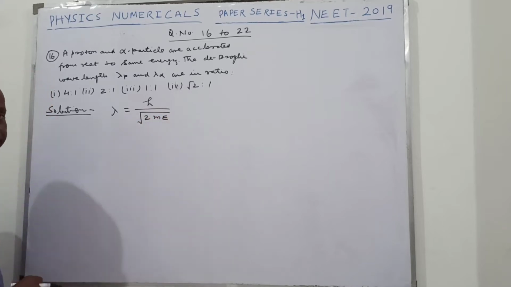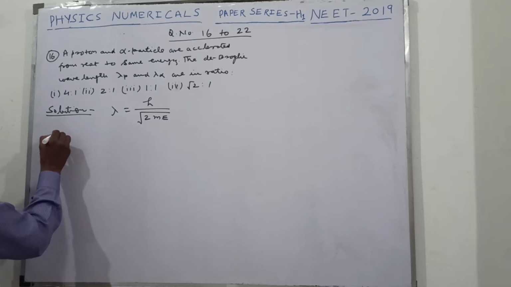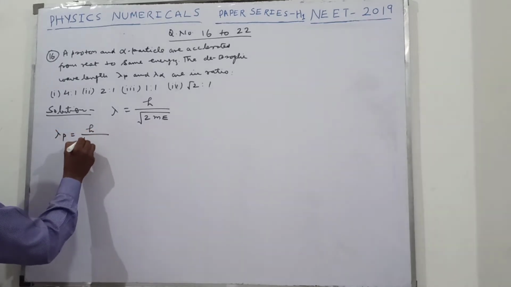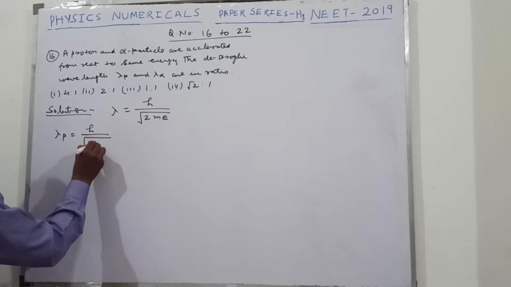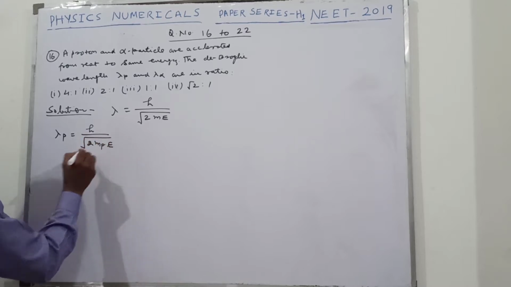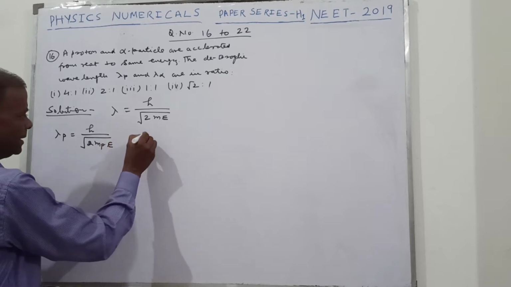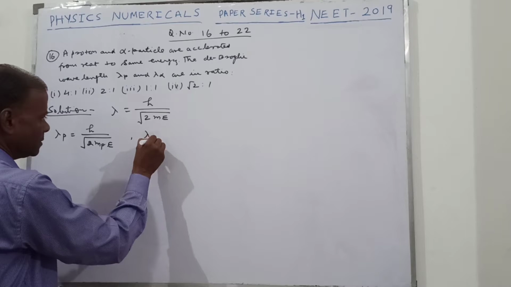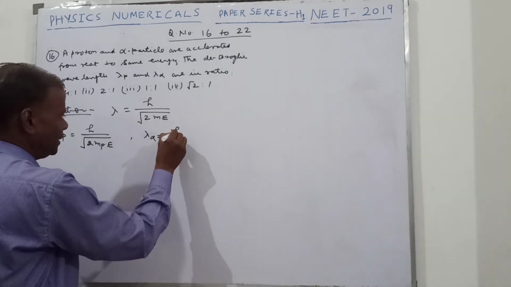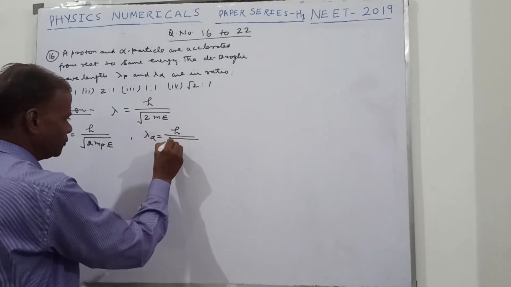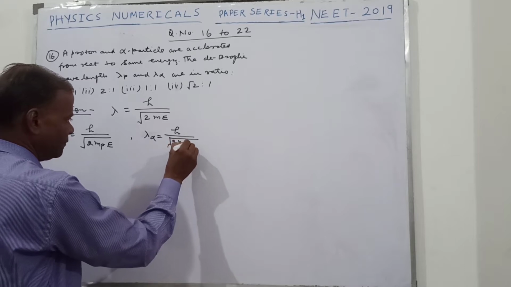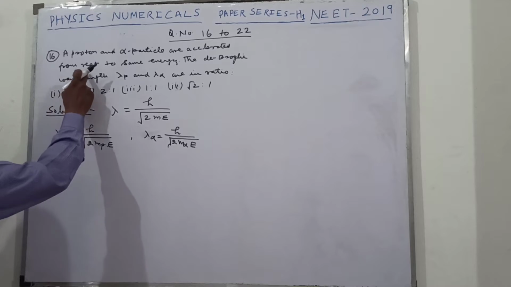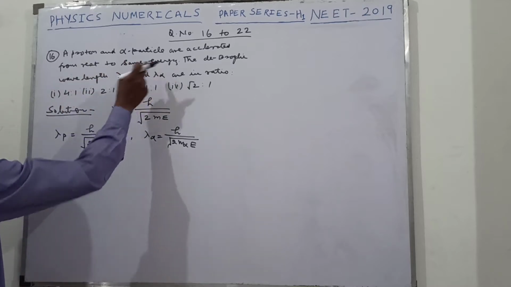This is the formula. Then lambda p is equal to h upon square root of 2mp into E, and your lambda alpha is equal to h upon square root of 2m alpha into E. Energy is the same for both.